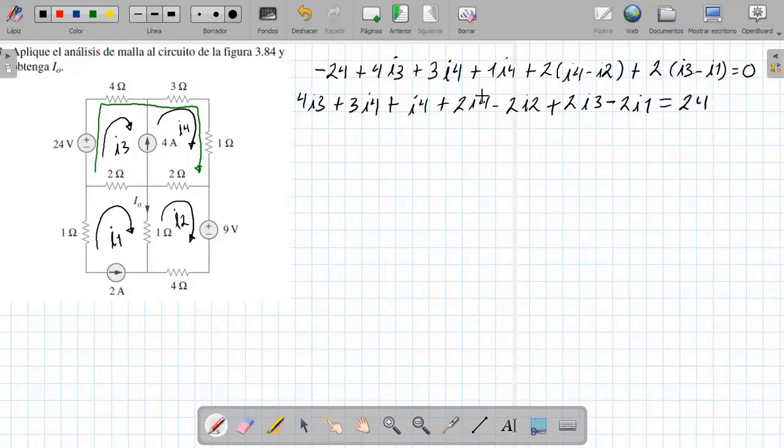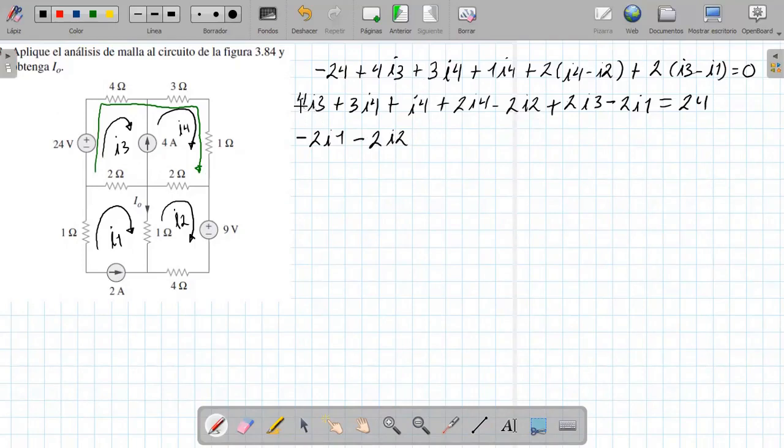Now, if I add up all the ones I have in I1, all the ones I have in I2, all the ones I have in I3, all the ones I have in I4. For I1 I only have a minus 2 I1. Everything that has I2, here I see minus 2 I2, there's no more.